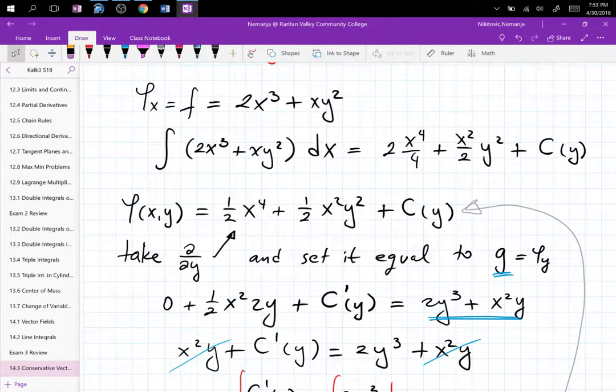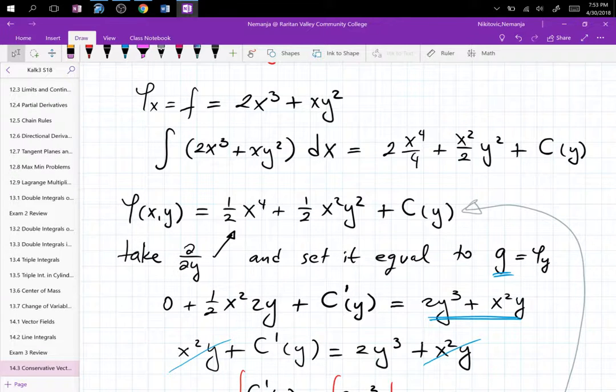Take f, which is the partial derivative with respect to x, and integrate with respect to x. What you get is already a solution, right? It's already the potential function. However, we have the function in the end as a constant function in terms of y, which we can still determine.